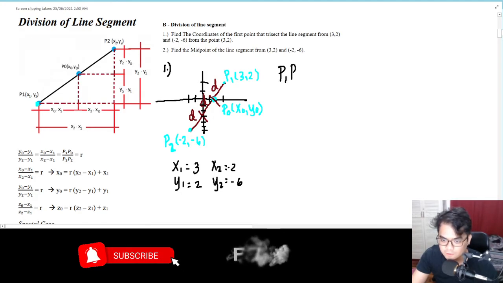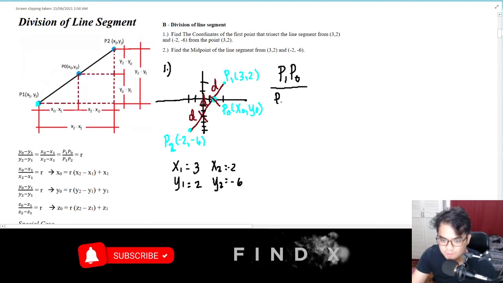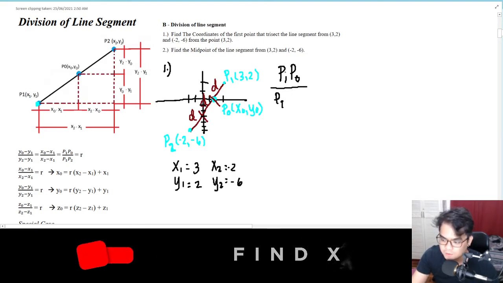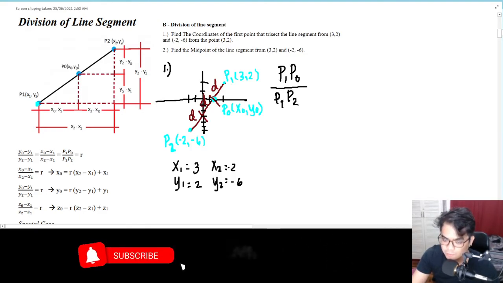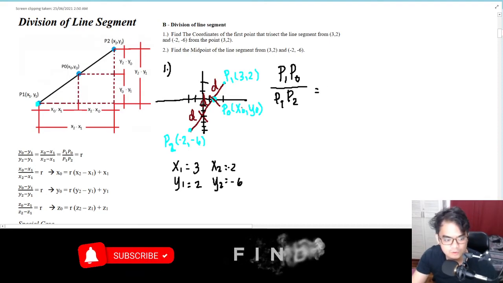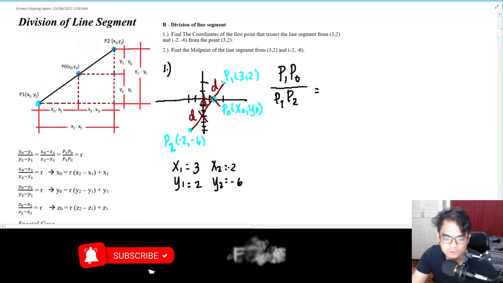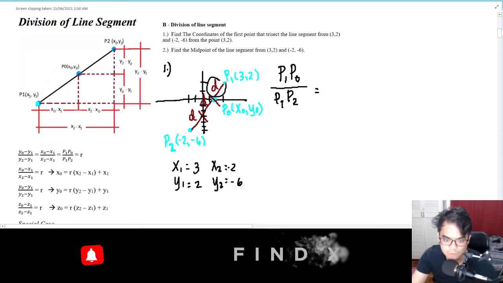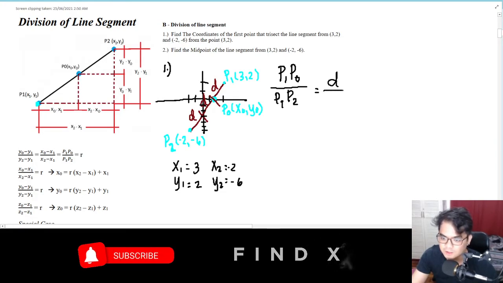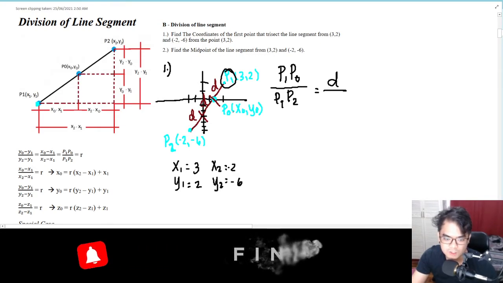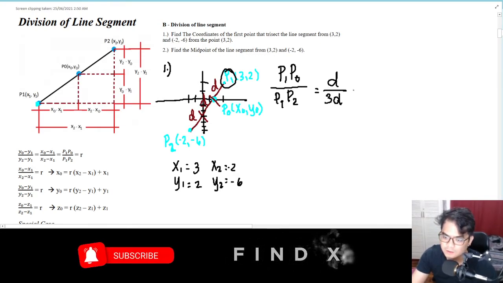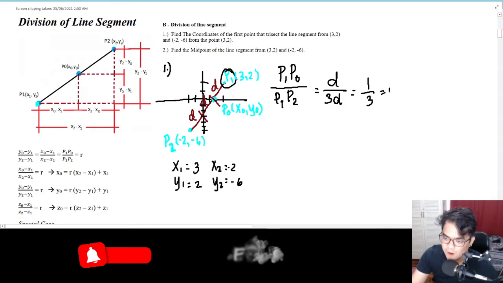So P1 to P0 over the whole line, which is P1 to P2, and this will be your R. So P1 to P0, that's D, right? That's 1D over P1 to P2, which is 3D. So this will be equal to 1/3 because you can just cancel out D. Therefore, this will be your R.